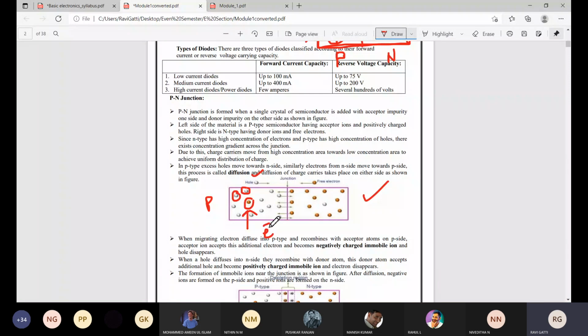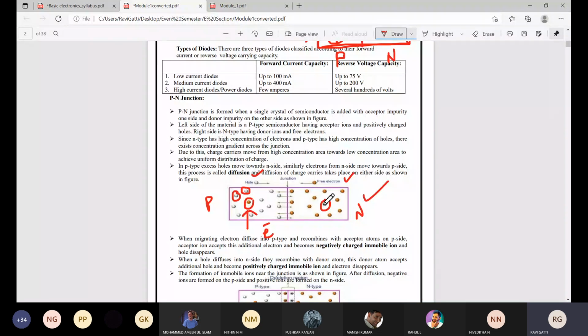In the n-type material, the majority will be free electrons, whereas the minority will be some holes.